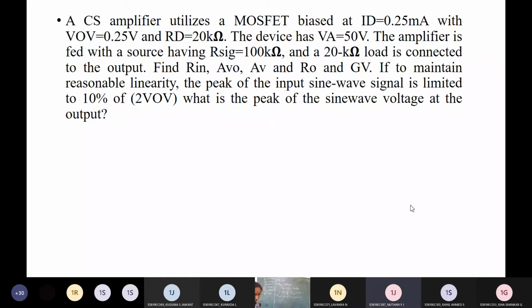Minus 36.36. Yes, minus 36.36. Simply we'll write volt by volt, because it is output by input voltage.